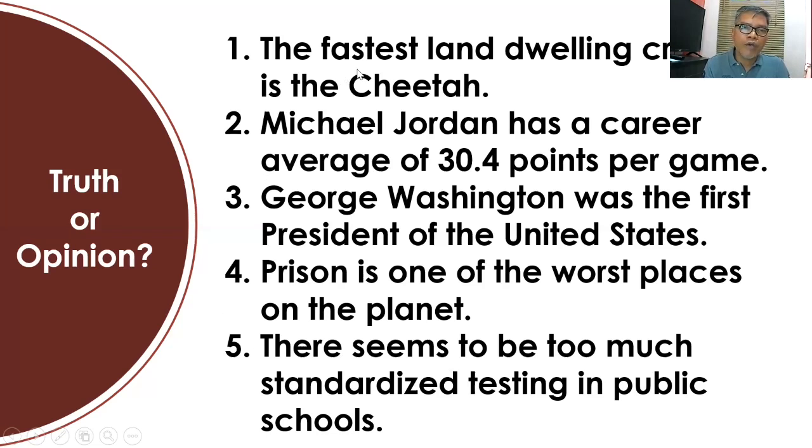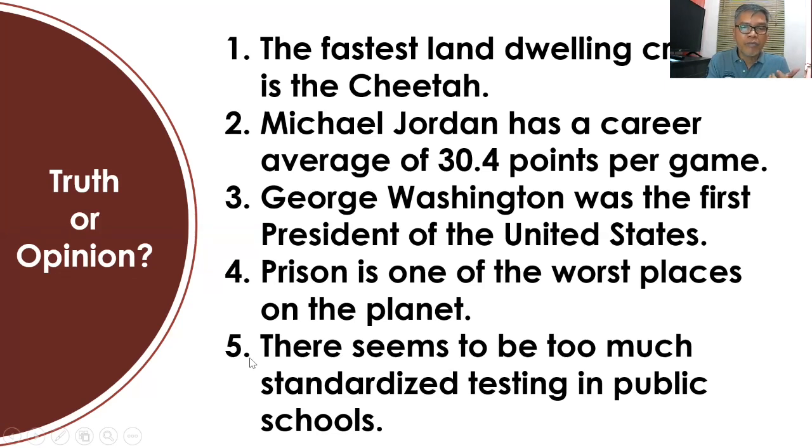Why again number one is opinion? Because of the word fastest, so it is based on the thinking or on the feeling of the author that cheetah is the fastest land-dwelling creature. Number four, why is it opinion? Because it's again based on the thinking of the author that prison is one of the worst places on the planet.